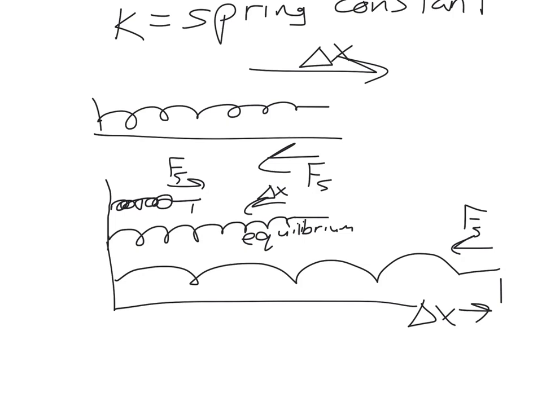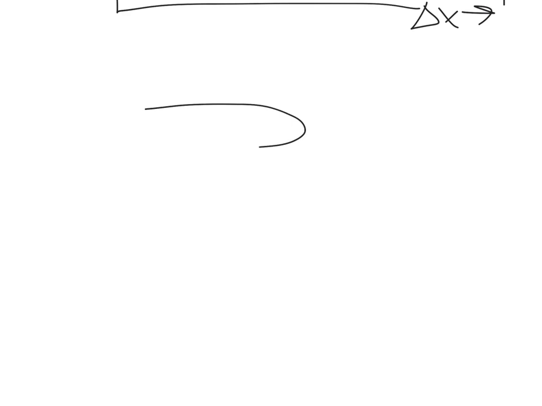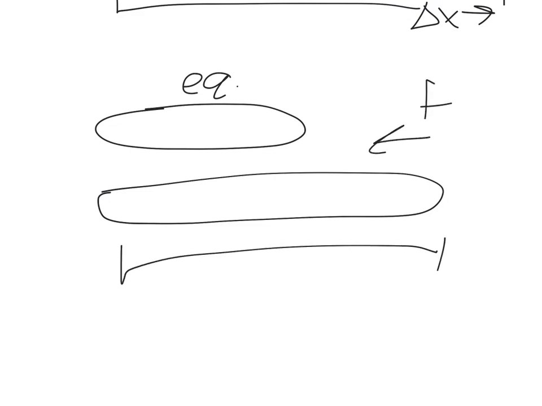This applies to things that are not technically springs. One example is a rubber band. If you stretch a rubber band, let's say this is equilibrium, to a greater distance than equilibrium, the force pushes back towards equilibrium.